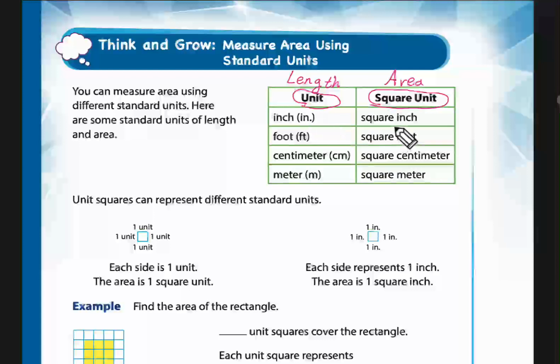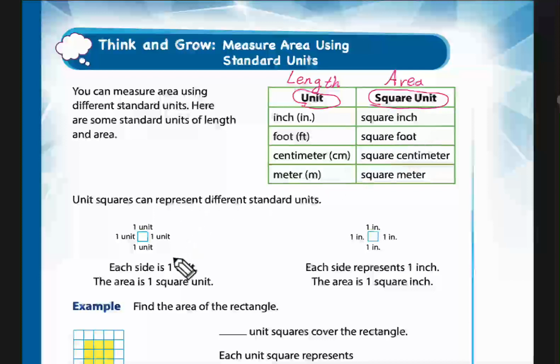If you are using foot for length, you are using square foot for area. If you are using centimeter for length, you are using square centimeter for area. If you are using meter for length, you are using square meter for area. So any unit you use for the area should be a square unit.